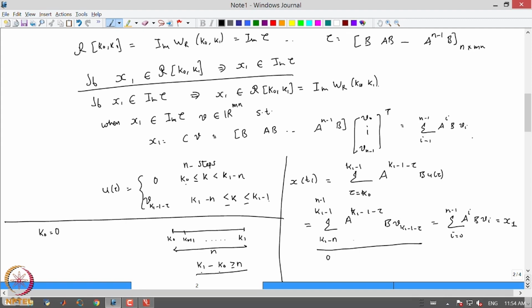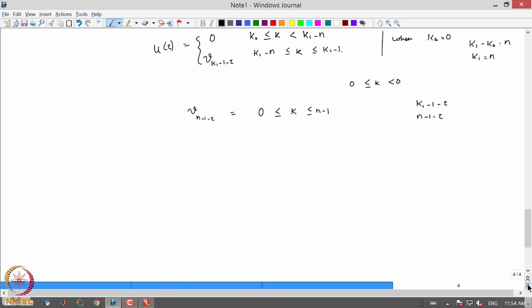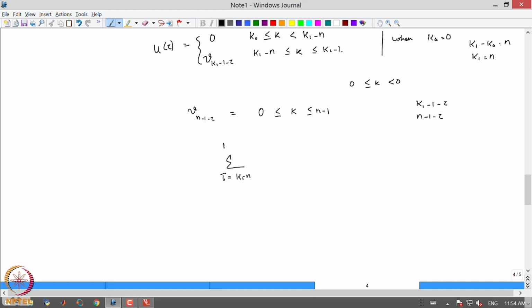So, okay, let us look at this summation part for a while. What do I have here is the summation tau equal to k1 minus n to k1 minus 1 of A power k1 minus 1 minus tau B v of again k1 minus 1 minus tau.